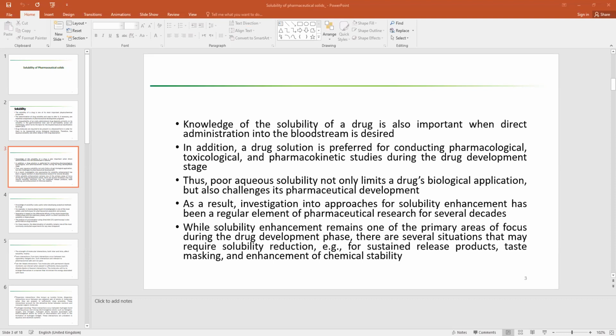Also, the need for those approaches is very important when new sciences are rising up. For example, there is a rise in the introduction of combinatorial chemistry and high-throughput screening techniques to the drug discovery arena.